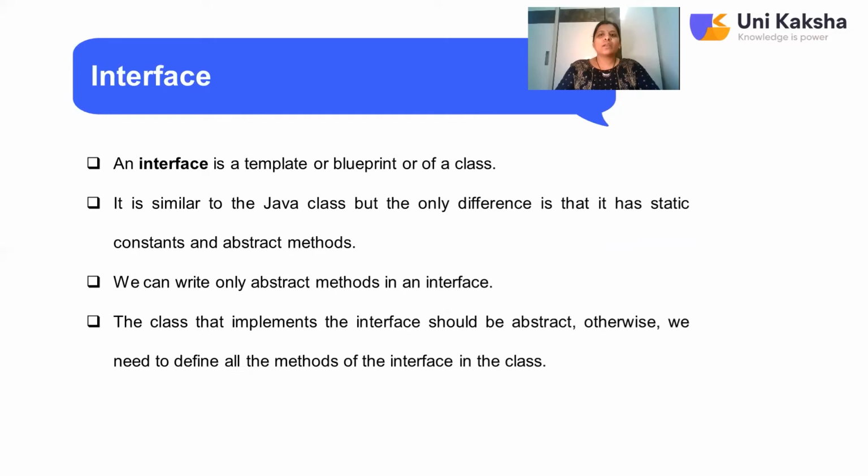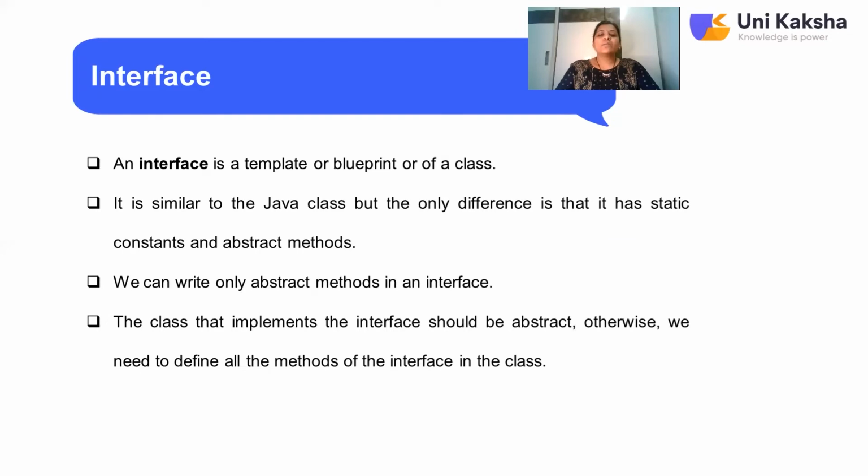We write everything there. In interfaces, we do not include anything other than static constants and abstract methods. In interfaces, we can write only abstract methods, that is, no definition part of the method is included, or the method does not have a body or implementation part.